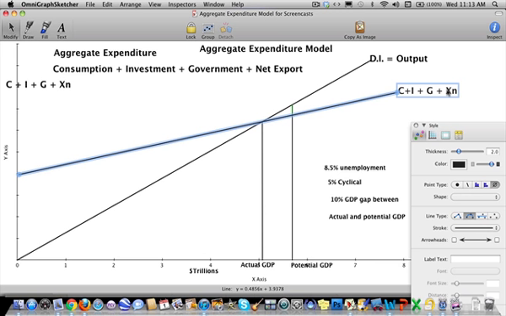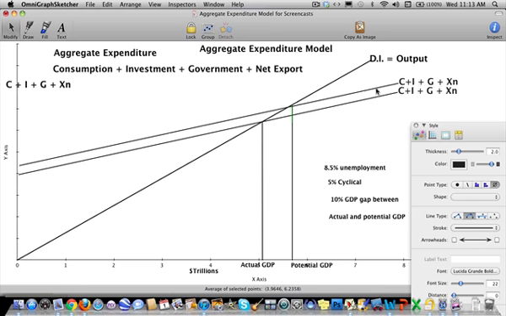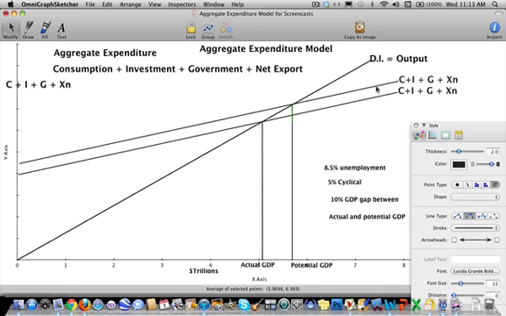And if our spending were to rise, through consumption, investment, government spending, or people consuming more of our products from abroad, then we would have a higher aggregate expenditure, and we would bridge that recessionary gap and have enough spending to get us to our potential GDP. So that's a recessionary gap.